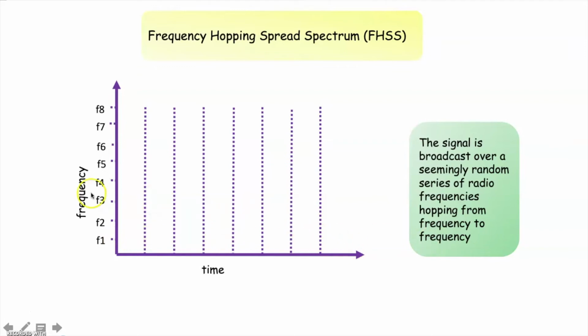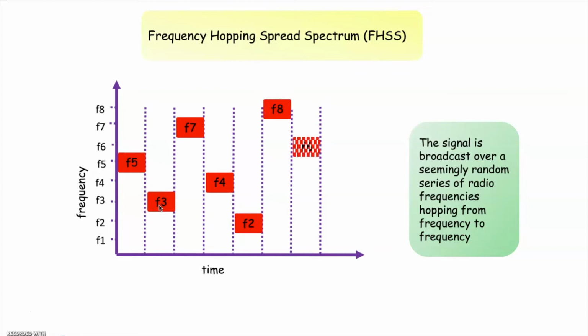However, in the frequency hopping method, if initially for example f5 is used, then for the next interval f3 may be used, next f7, f4, f2, f8, f6, f1, like that. So here we can see the signal is broadcast over this random series of frequencies.